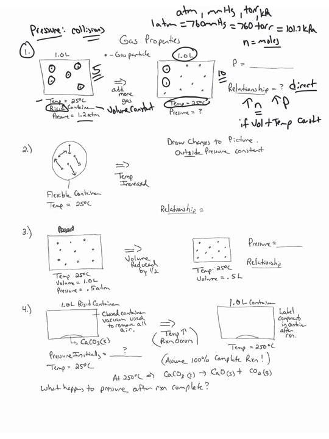By doubling the number of moles of gas, there are going to be twice as many collisions with the walls of the container, which is going to double the pressure. So there'll be an exact direct relationship between pressure and moles. Okay? So that's the first concept that we can go over.